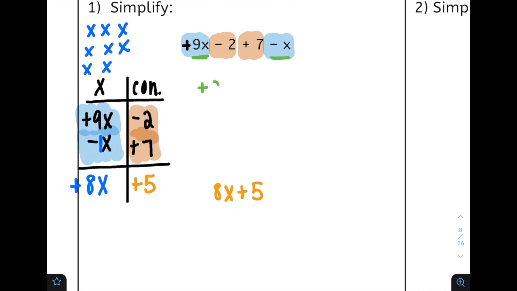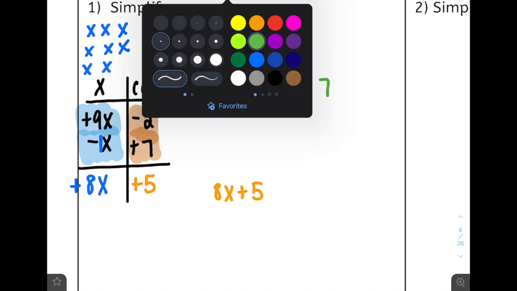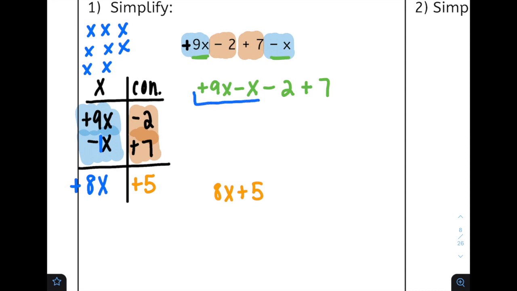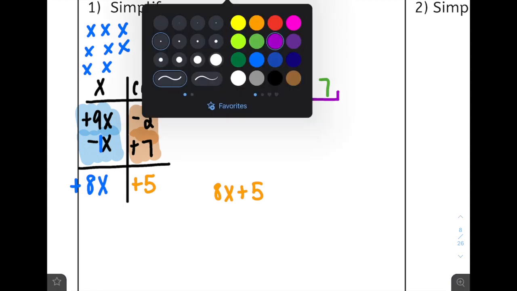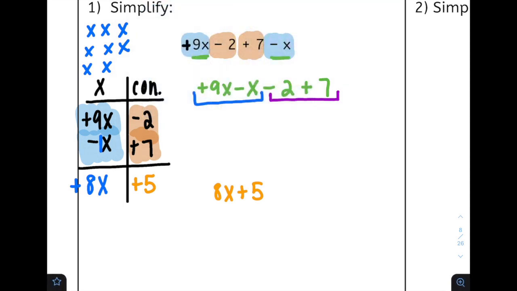So I have positive 9x minus x minus 2 plus 7. And then I would just continue to break down, combine these, and combine my constants. And again, you would be left with 9x minus x, I'm left with 8x. And then -2 plus 7, I'm left with +5. Same answer either way.